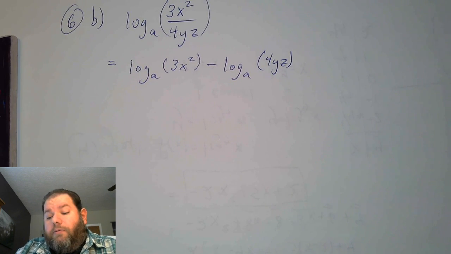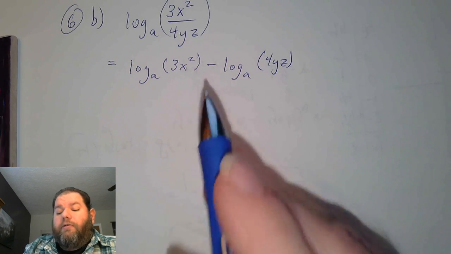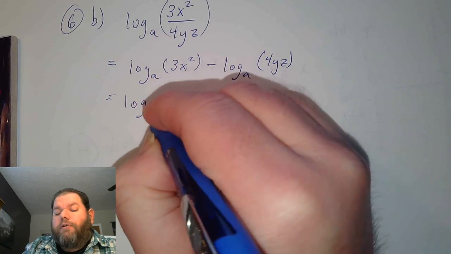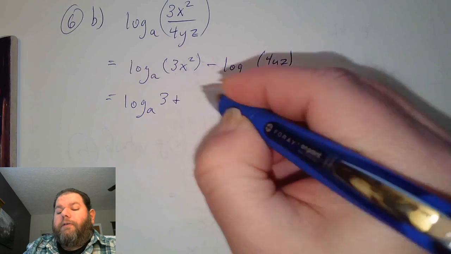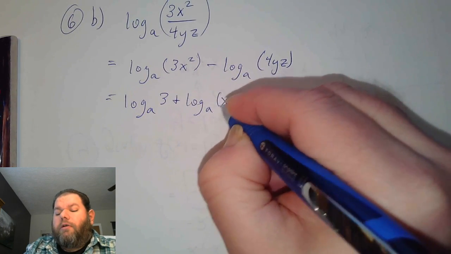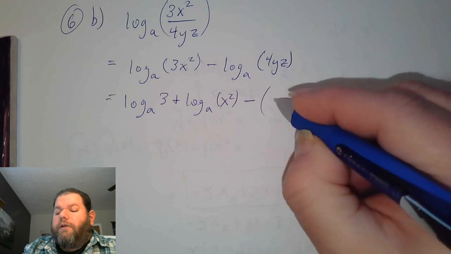So, we still can keep going because we have different properties. These are multiplied together, and so whenever we have log of a product, we can make it log of the first one plus log of the second one. And actually the same thing applies here.